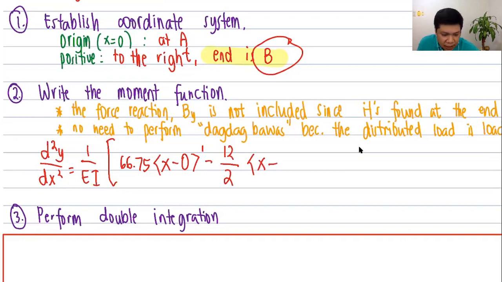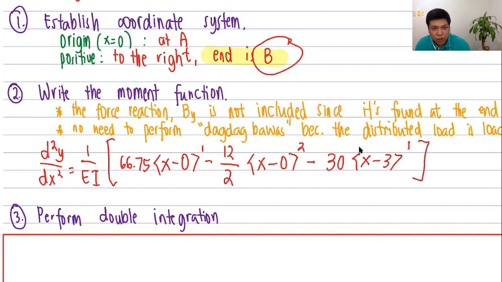It's found at x equals 0, raised to 2. Then lastly, I have a 30 kilonewton concentrated load, which is downward, so that's negative, x minus a, the location of the concentrated load is at x equals 3, raised to 1. So that is my moment function.